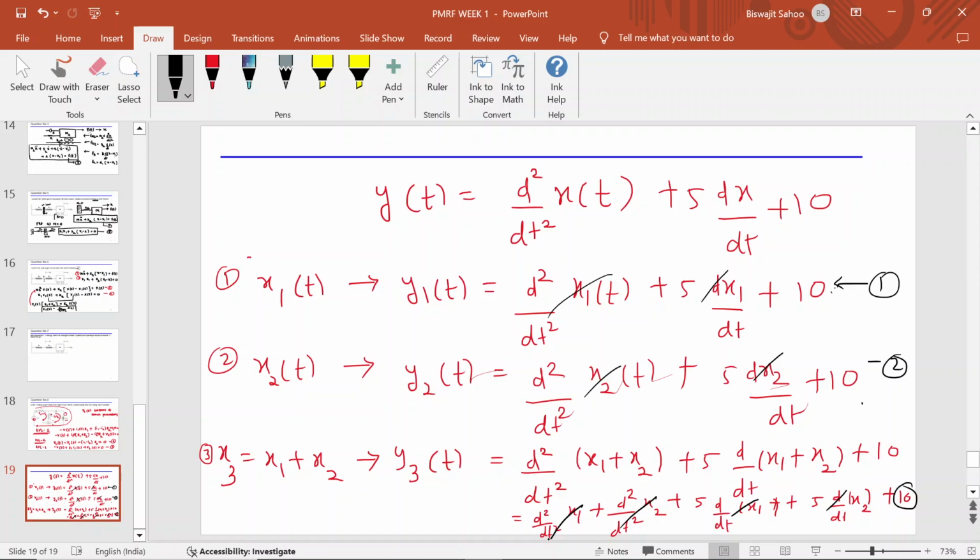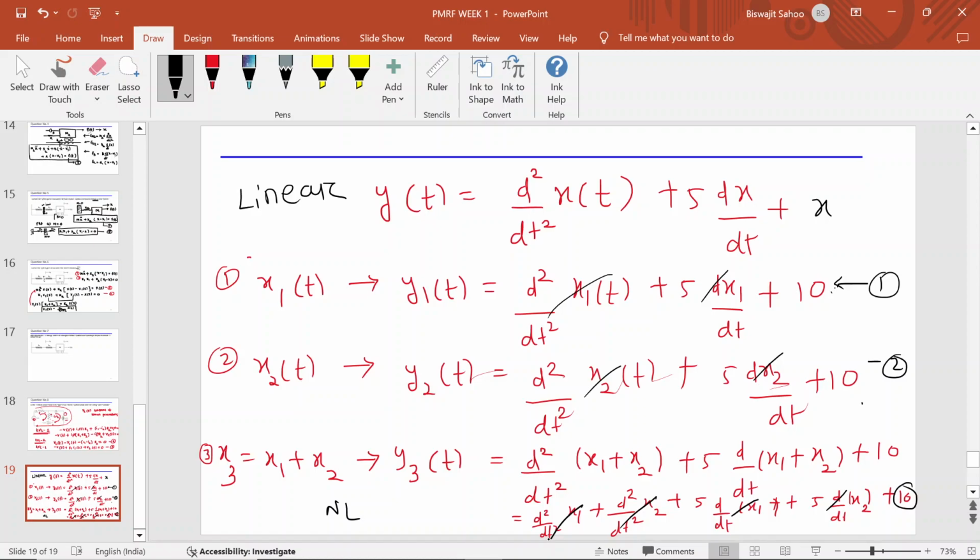It is a nonlinear system. But if in this equation, in place of 10, you write x, then definitely it is an LTI system, I can say, means it is a linear system. Remember that whenever you add some constant to any system, that definitely is a nonlinear system.